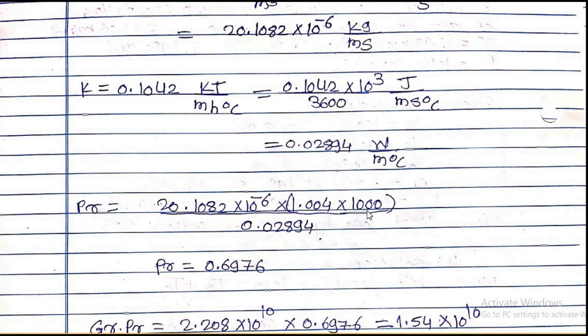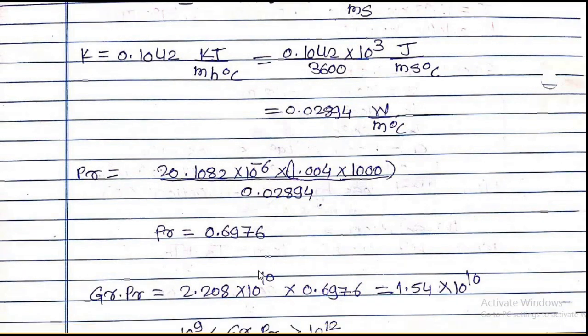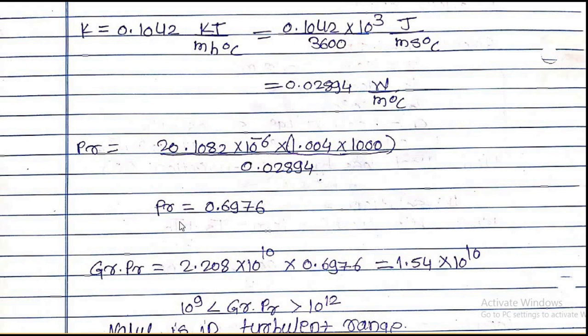So here we have multiplied with 1000 divided by the thermal conductivity value, 0.02894. So we will get the Prandtl number equal to 0.6976.